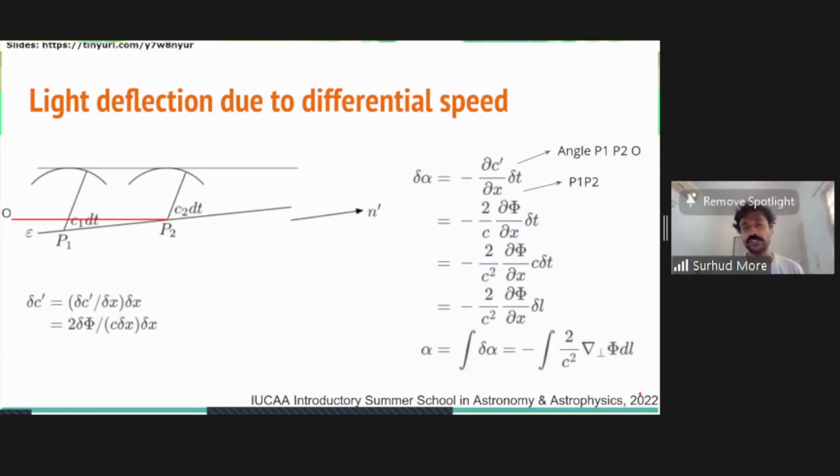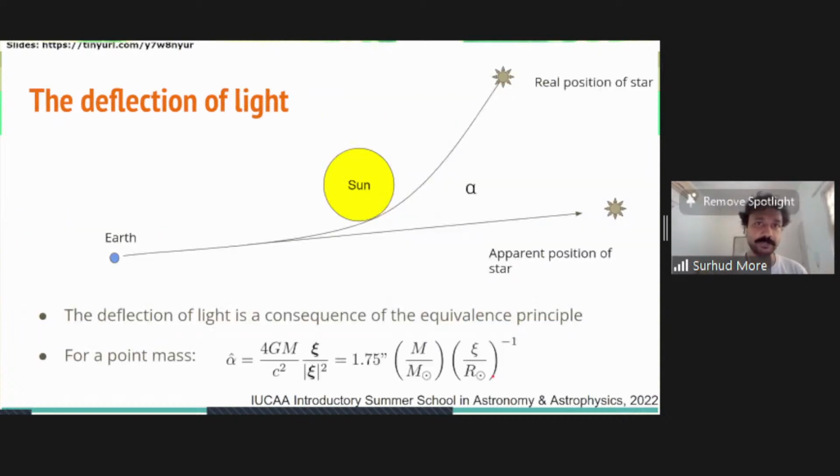The gravitational potential. So what you can do is take a point mass object. You know what its gravitational potential looks like. It's just minus GM over r, and then you can take a gradient like this and carry out this particular integral. Right? So that's exactly what Einstein did in his 1911 paper. And for his particular calculation, he used the case of the sun.